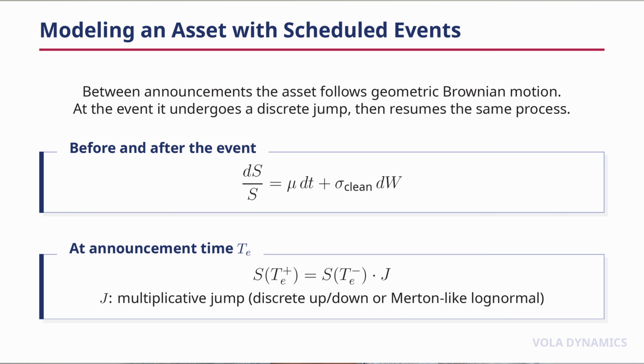Today we continue the discussion of event modeling. So imagine an asset undergoes some process, such as what controls with normal Brownian motion, and at the time of some announcement, such as an earnings announcement or some major economic announcement such as an FOMC rate decision, when the rate decision is released, an asset undergoes a sudden jump up or down.